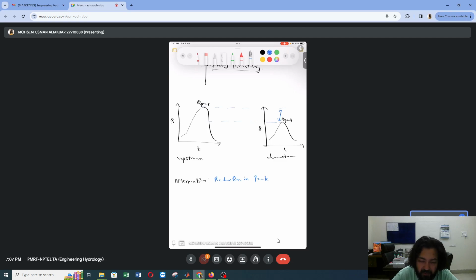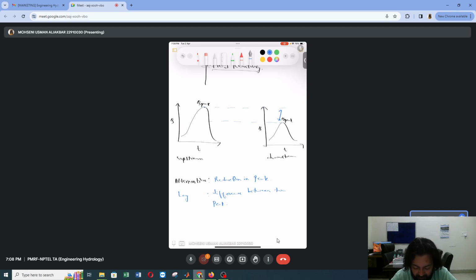So that lag difference, we call it lag. So the second term is lag. The lag is nothing but difference between two peaks. So here lag means time to peak, basically how much time it is taking to achieve the highest peak is called time lag here, right?